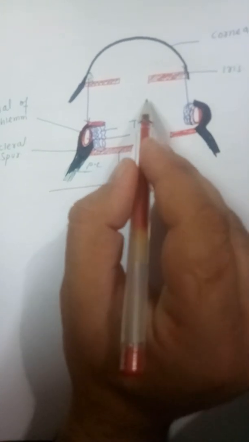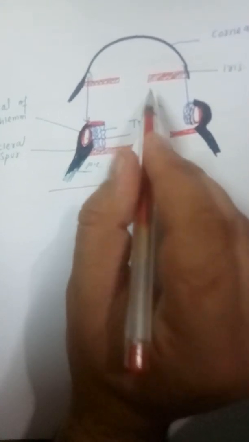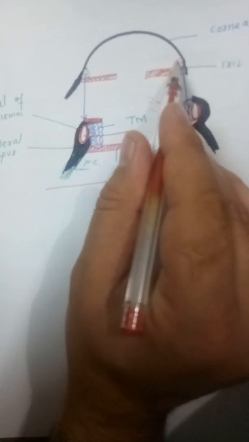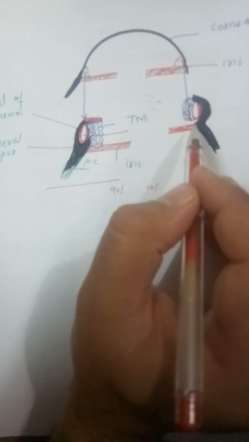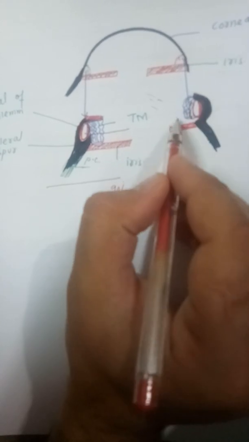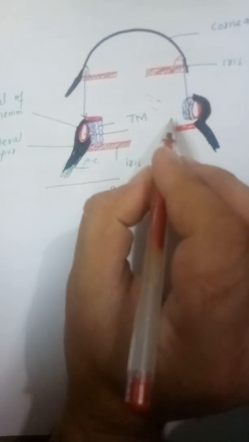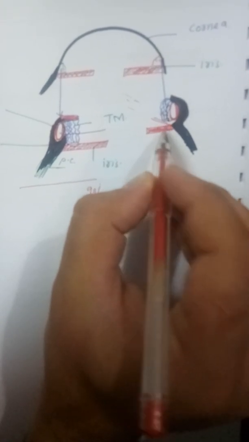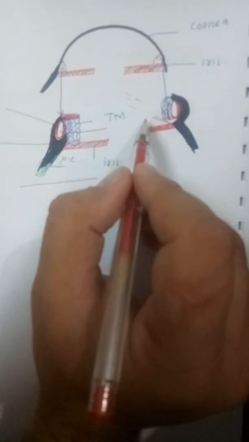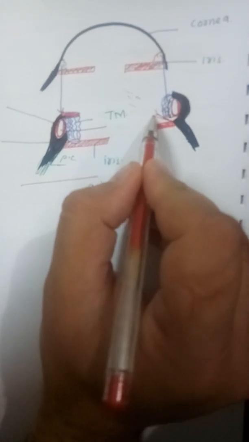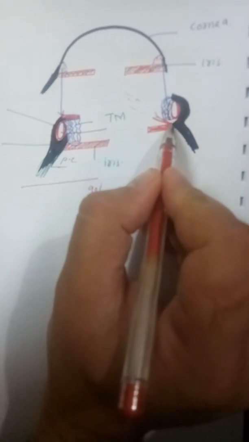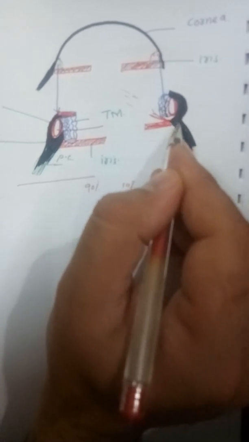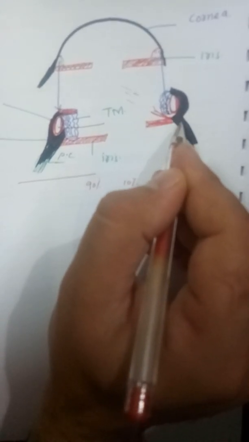What really happens? This is the anterior chamber. This whole area is the anterior chamber, and this is the angle. I am zooming in on this area here. This is the trabecular meshwork. But the remaining 10% of aqueous reaches the root of the iris. So aqueous enters the root of the iris, and from this it reaches the ciliary body, and you know the ciliary body has a muscle.